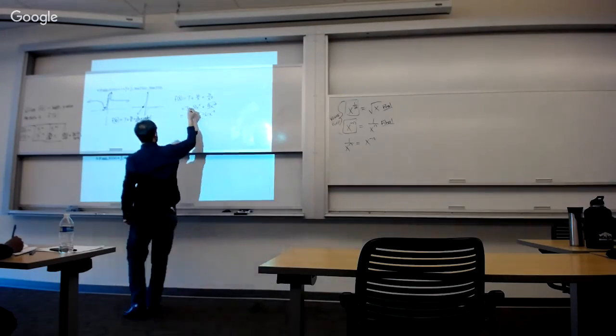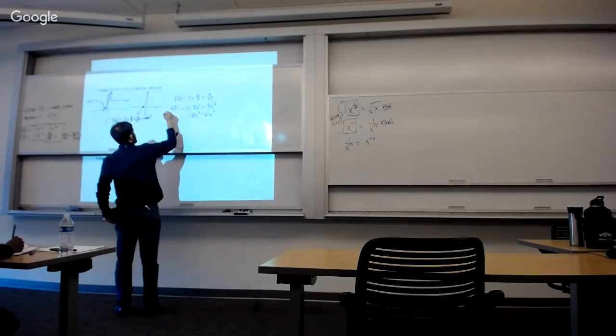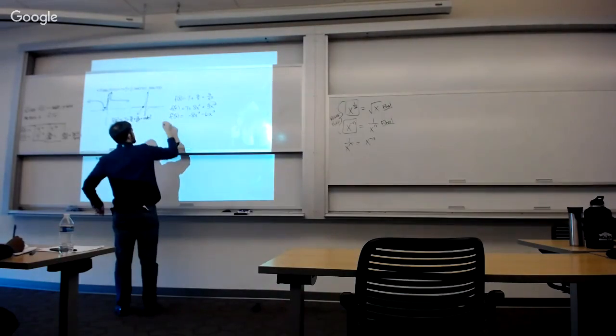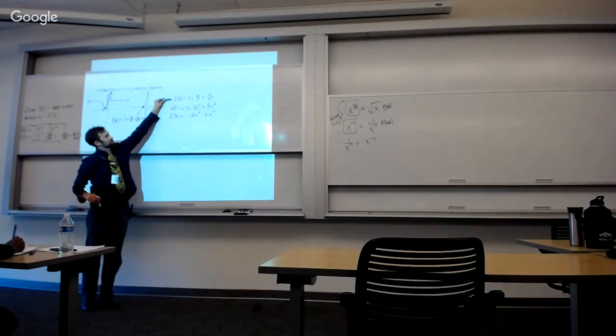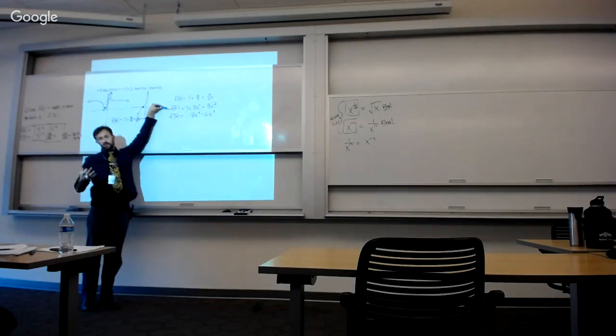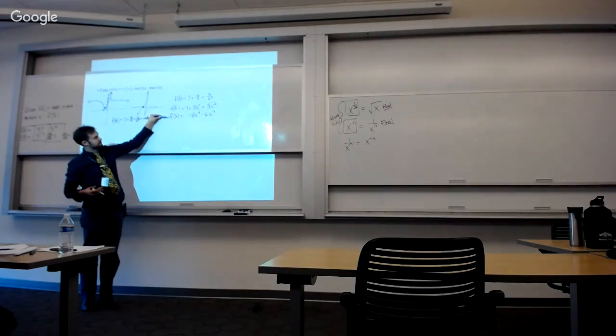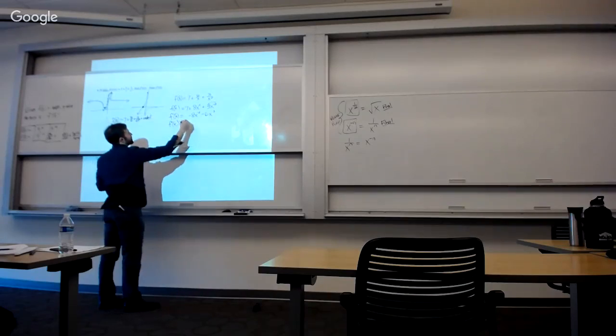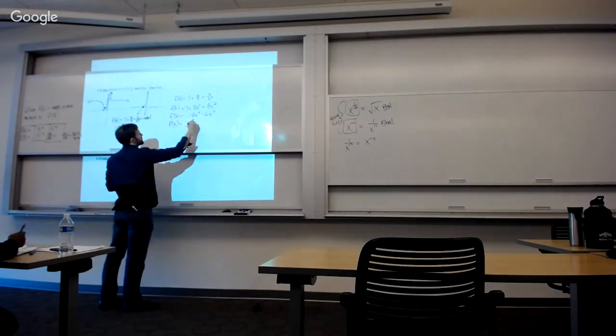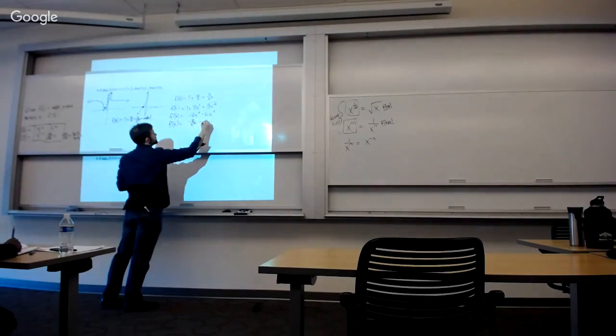And by the way, this was still f of x. Now this is f prime of x. Very important that you show that we now jump. This was the original function. This is called rewriting the original function in a form that you can compute. Now we actually computed the derivative, and now we write final form. Final form is negative 8 over x squared minus 6 over x cubed.